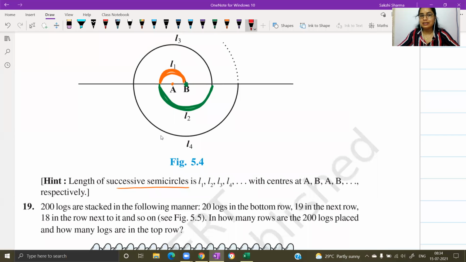Then you have a semicircle again with center A and the length is L3. Then you have a semicircle at center B and the length is represented by L4. This is how the spiral is formed.